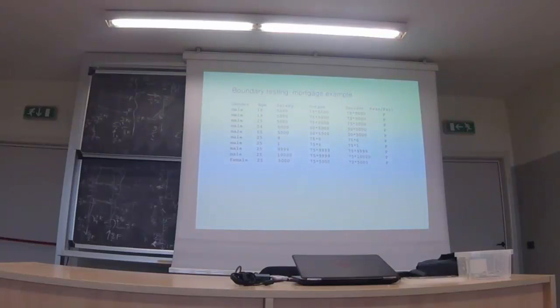These are the checks for salary: 0, 1, 9999, 10,000, right? And we pass. Female, 25, 5,000, failed. Something is wrong in our code. We failed this one.